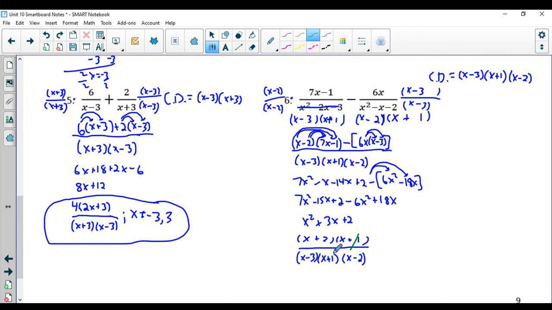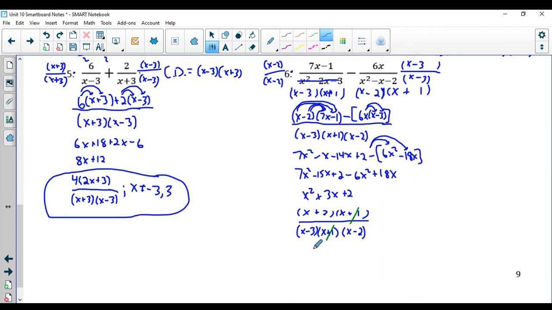And in this case, the x plus 1s can cancel. So we are left with x plus 2 on top. And on the bottom, x minus 3, x minus 2. And then we would say x cannot equal 3 or 2.